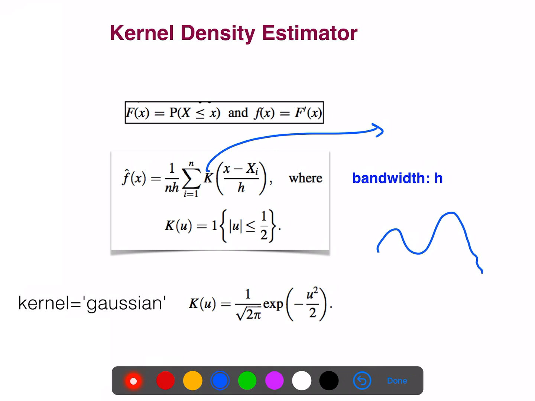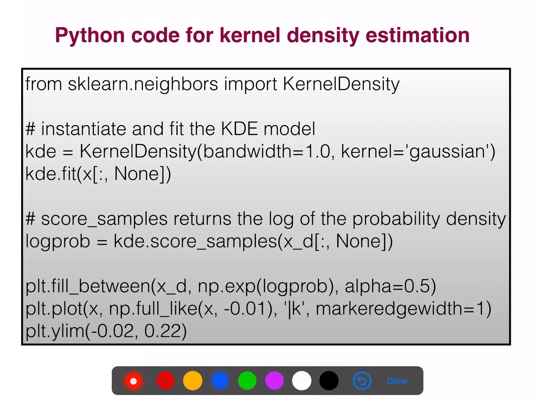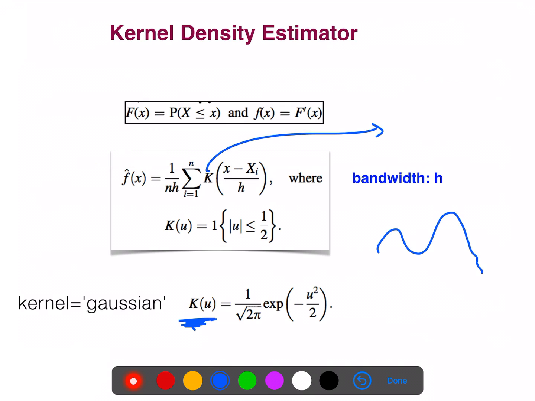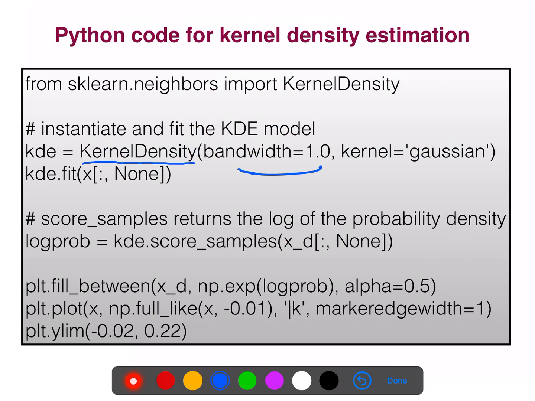The kernel that we use is typically Gaussian. So this is the Python code for the kernel. You just use kernel density, and you set the bandwidth of that. By the way, you can use any bandwidth that you like. H is the bandwidth.